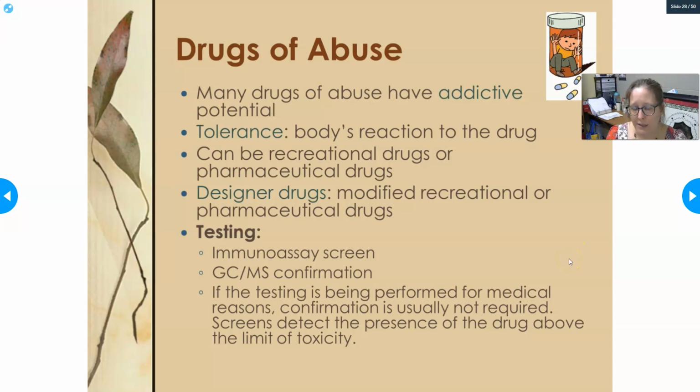If the test is being performed just for medical reasons, usually we don't do confirmation, we just do the immunoassay screen. The screens will detect the presence of the drug above the limit of toxicity. The idea is the physician just needs to know what this person has taken so that they can treat them appropriately.